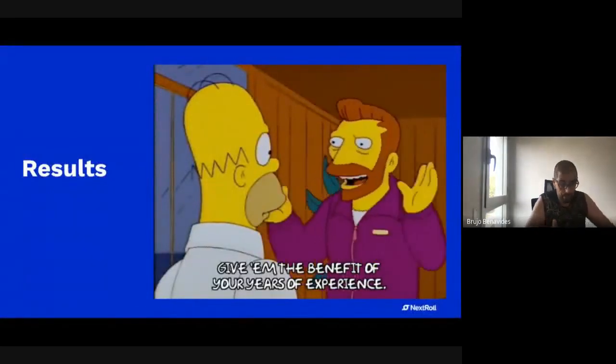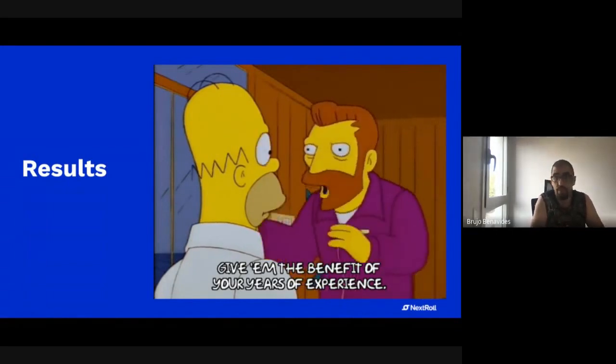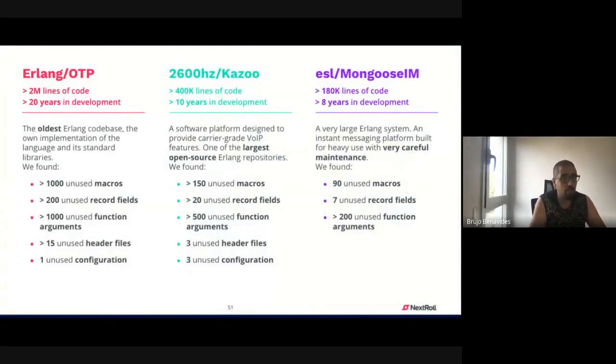And so, with the tool in our hands, we decided to check to see if it's useful, because maybe we run this on our projects and we find no instances of dead code, and so we created all these things for nothing. Well, we checked with 3 different repos. The first one was Erlang OTP, 2 million lines of code and 20 years of development, the largest and oldest Erlang code base.